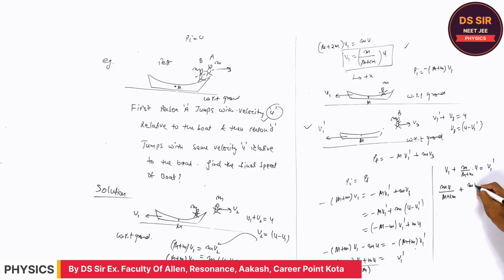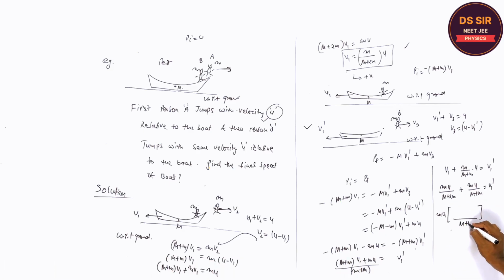So m u upon (M plus m) is equal to v1 dash. When you take the LCM, this is m u common, the LCM is (M plus 2m), and this gives v1 dash.